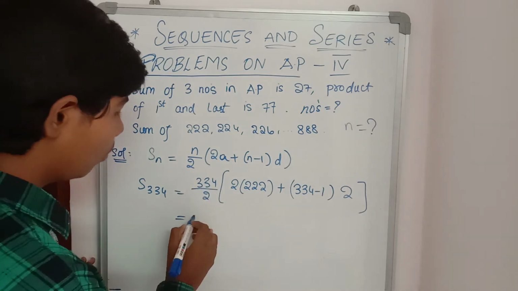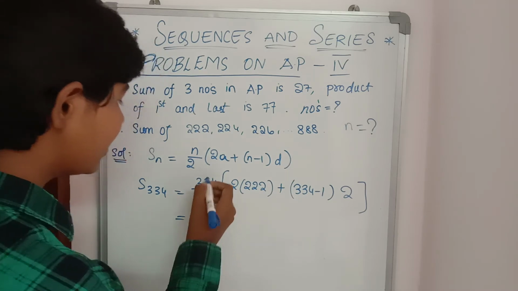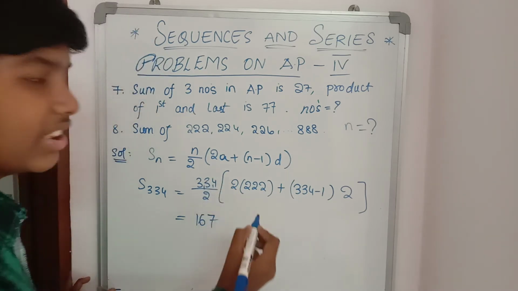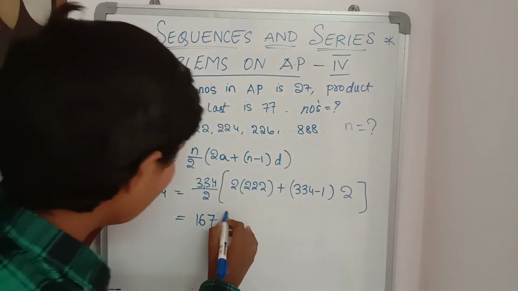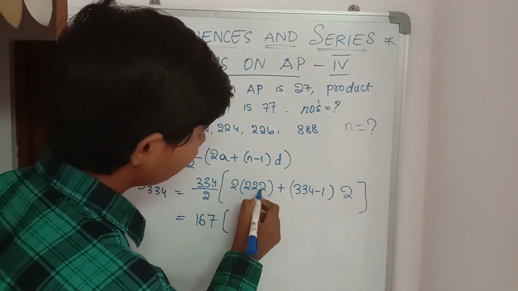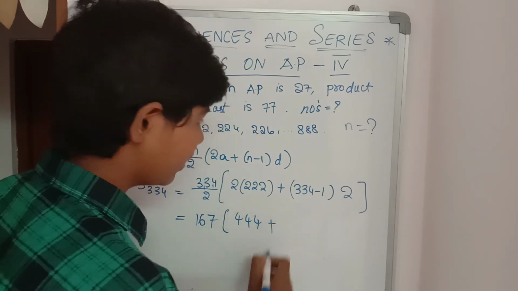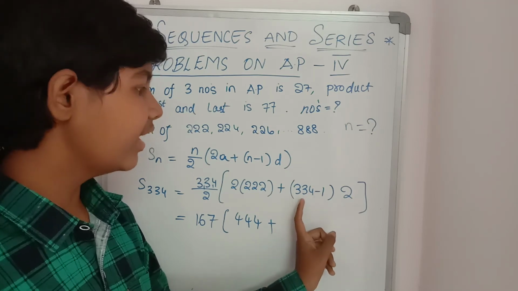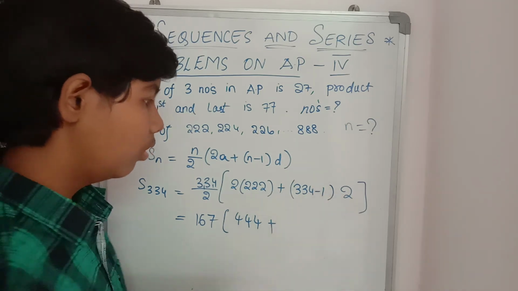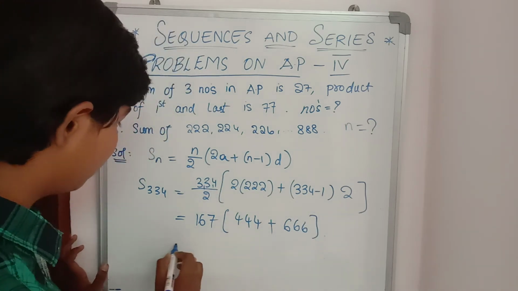334 by 2 is 167, and 222 into 2 is 444, plus 334 minus 1 is 333, and 333 into 2 gives 666.